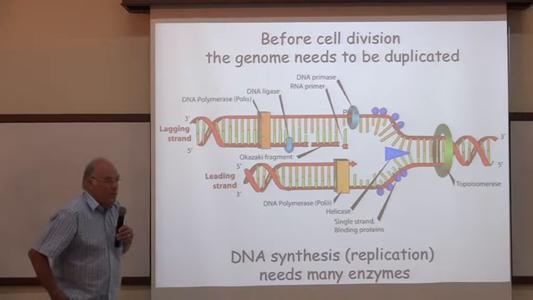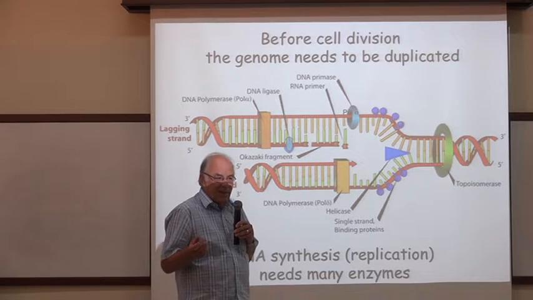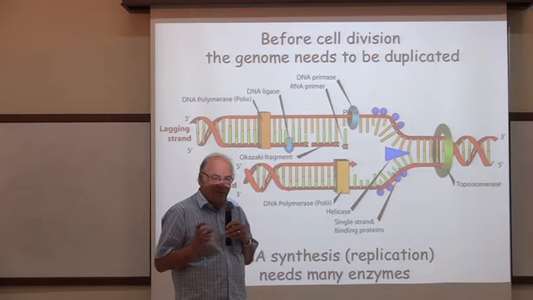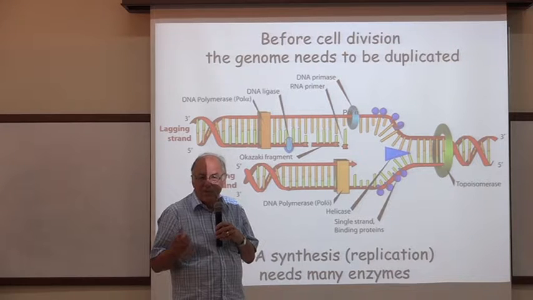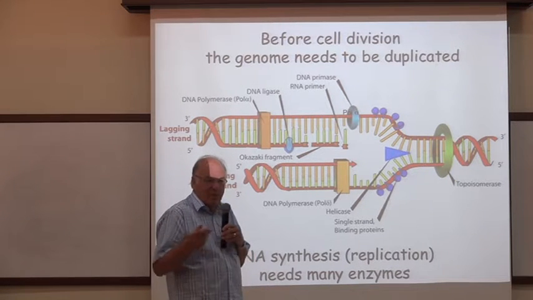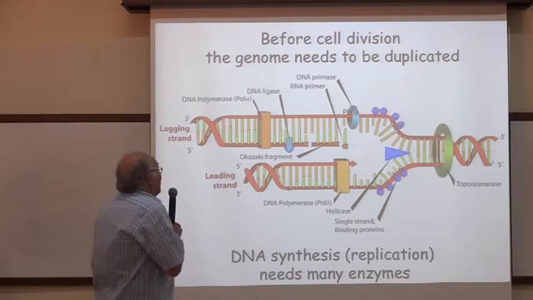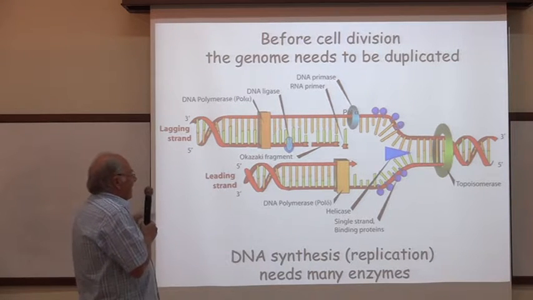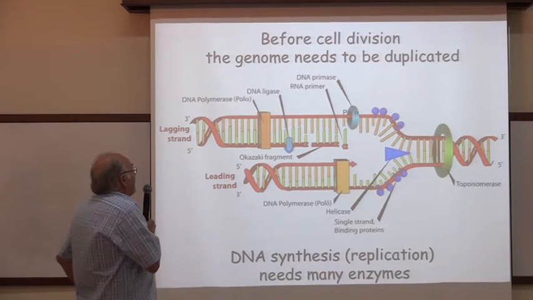Now, when you want to replicate the DNA, then this packaging is a severe problem. You need to open it up because otherwise you cannot make the copy. So you need somehow to remove everything. And this is then a summary description of how this is done.